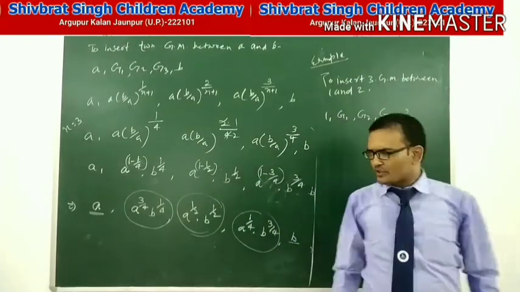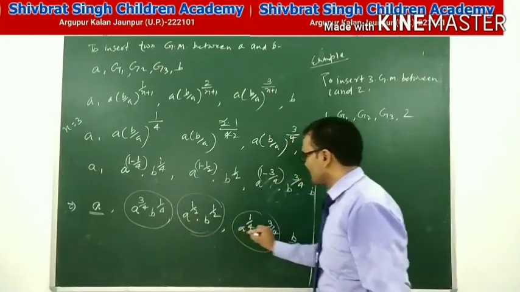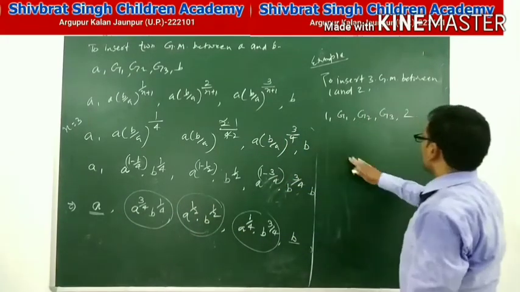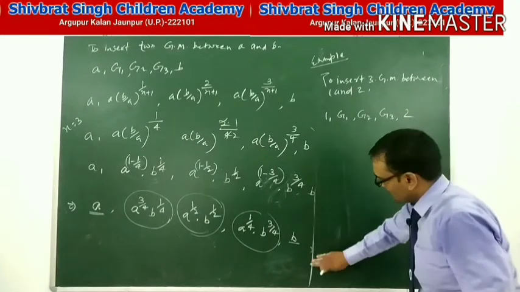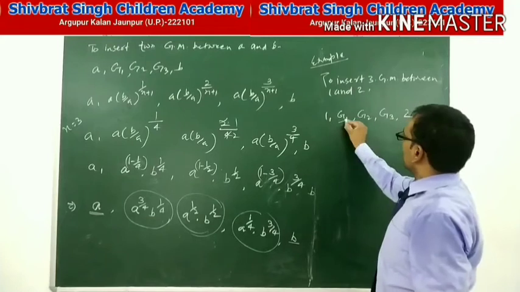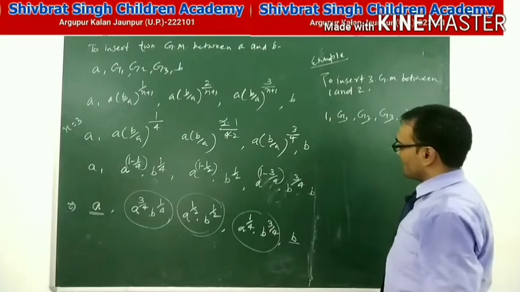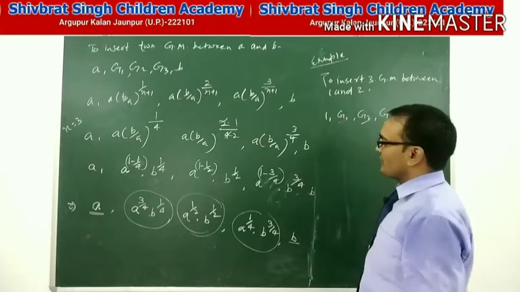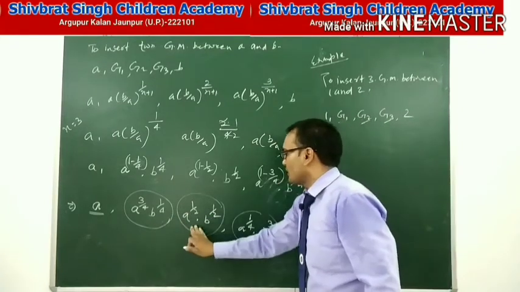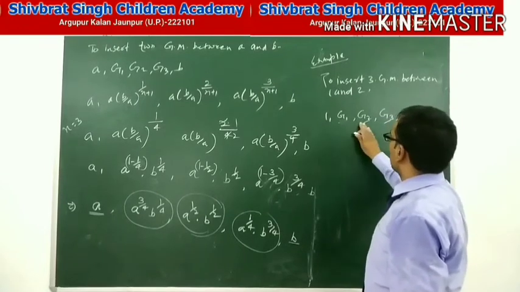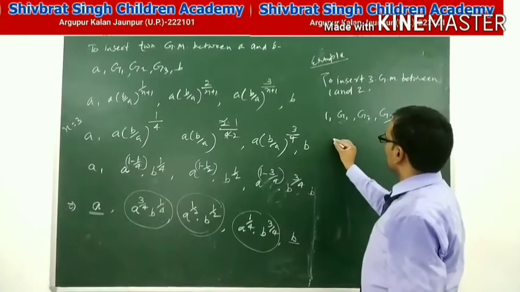We can also use the formula where A equal to 1 and B equal to 2, but we find G1, G2, G3 in the traditional method. Also we can use this formula to find the values.